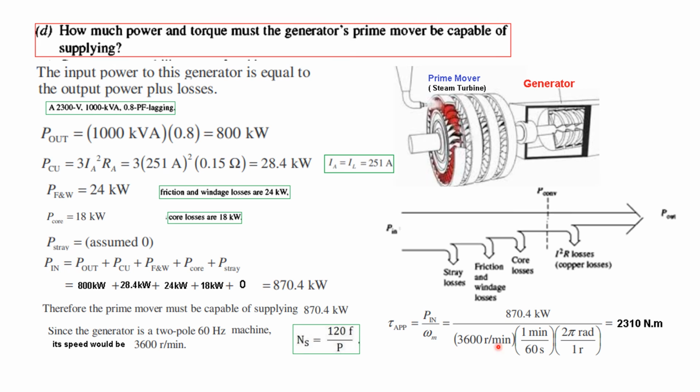So this was the speed. We divide it by 60 to get it in seconds, and multiply by 2 pi to get it in radians, and the power is the same. Therefore the torque generated by this prime mover is 2310 newton meters. Okay, so I hope this is clear.